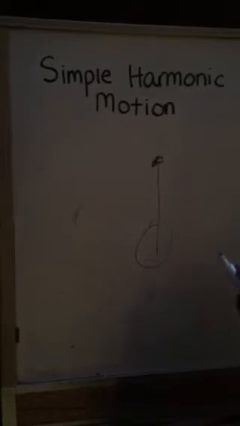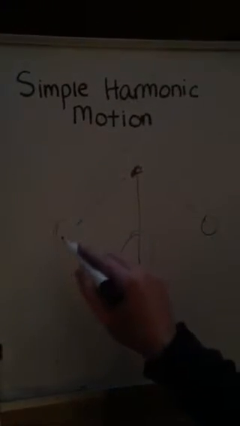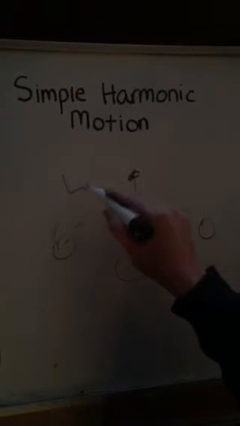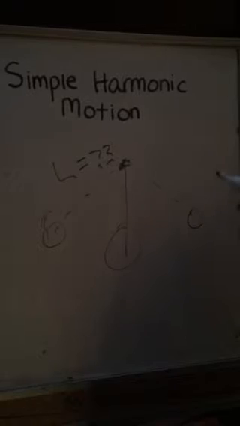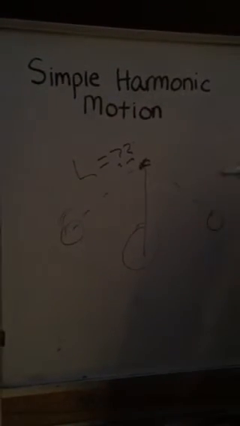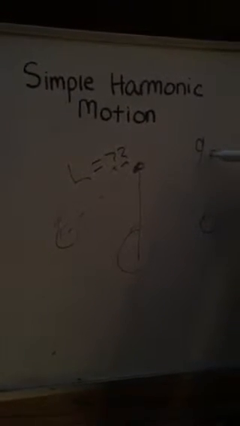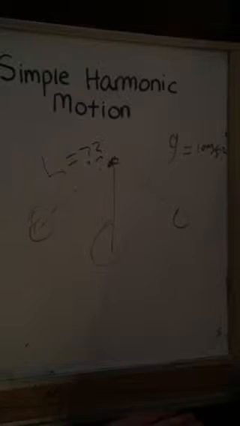It makes it 100 times easier. Then draw a picture, and we want to find the length of the string. But if this problem was on Earth, we know that the gravity equals 10 meters per second squared.